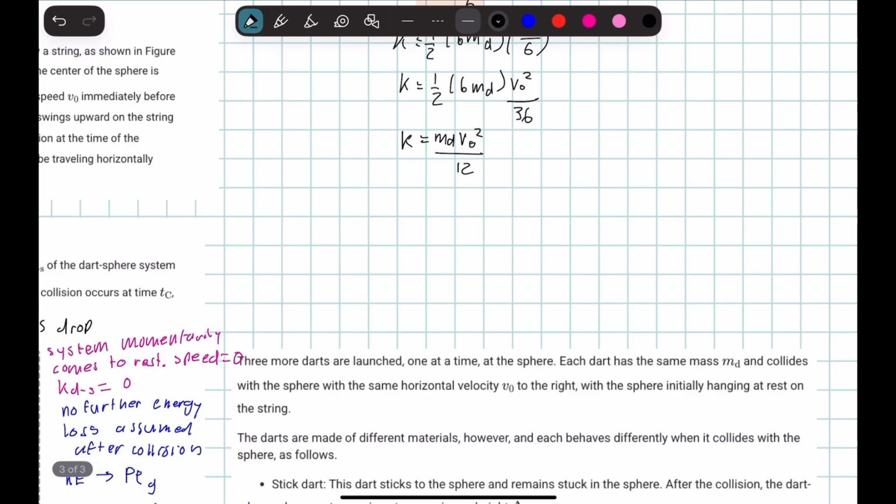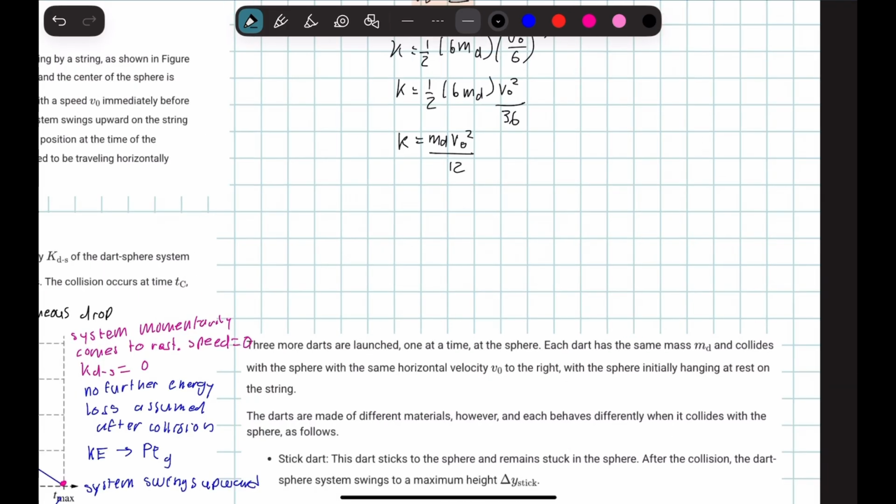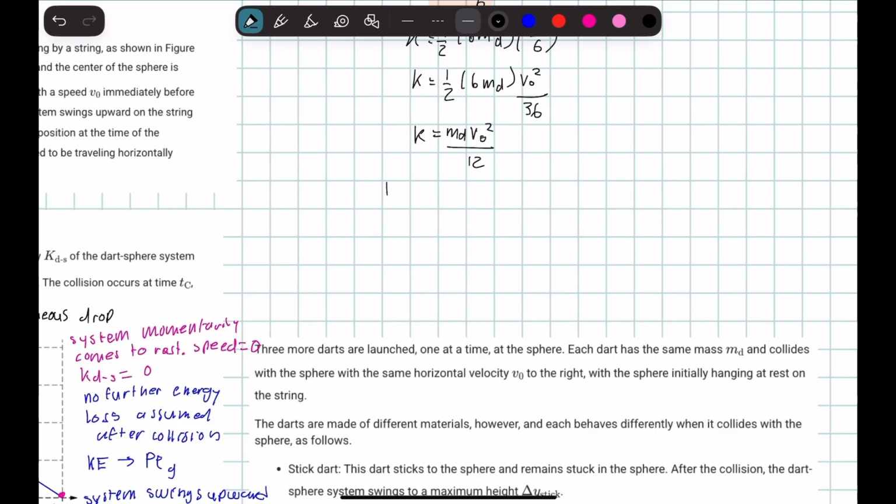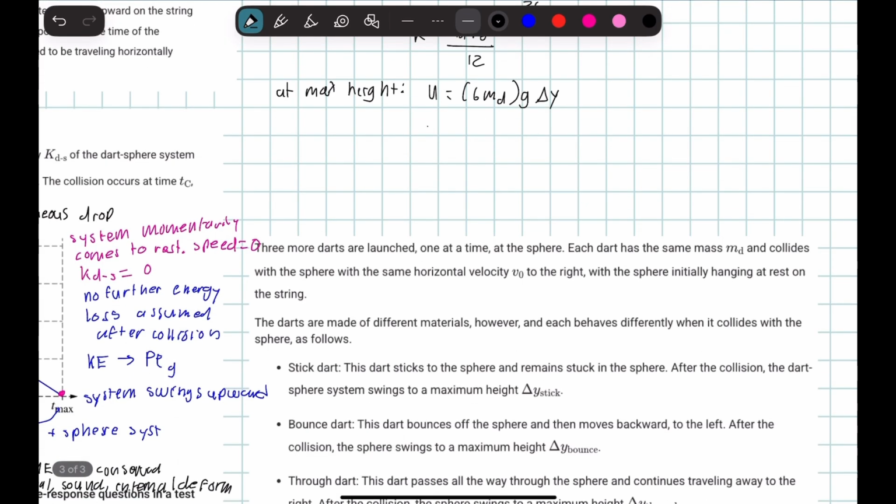And now we also want to write the gravitational potential energy at the max height. So we're going to try to find UG. This is at max height. So that's going to be U is equal to 6md times g times delta y, which came from UG being equal to mg delta y.